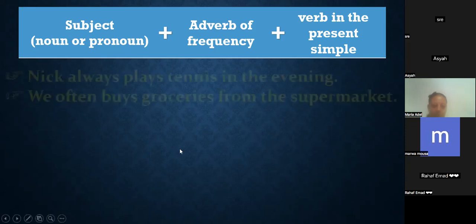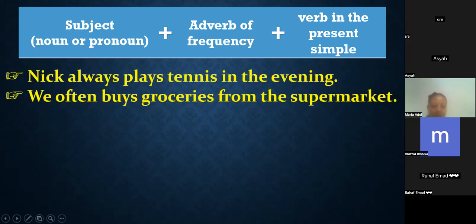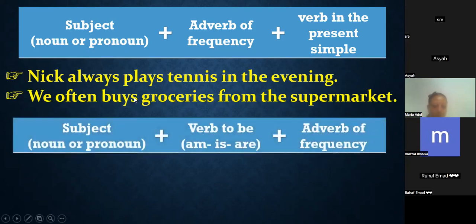Like you see here, Nick always plays tennis in the evening. As you see, always is between the subject and the verb. We often buy, I'm sorry, it's not buys, it's buy.